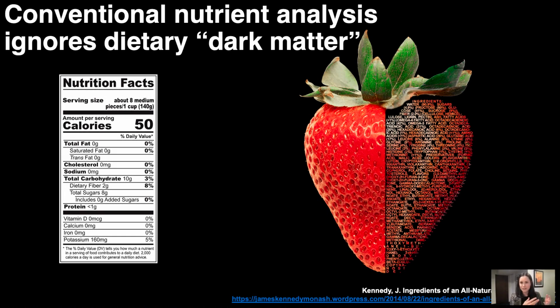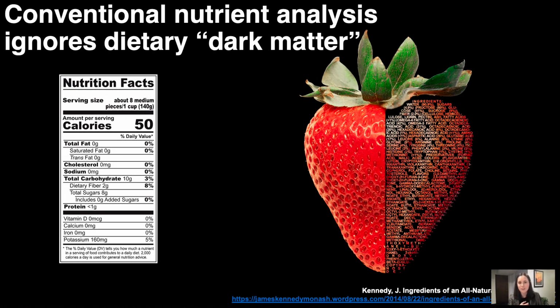So it represents the nutrient database, the kind of information that we can get out of a nutrient database. But on the right, you can see this visual of a strawberry, which contains many, many more ingredients than could ever fit on the nutrient facts panel for a strawberry. Now, some of them are in very small contributing amounts, right? They're tiny, but they are there.